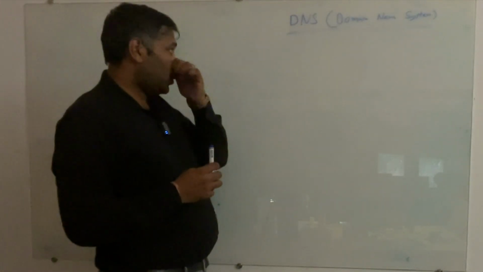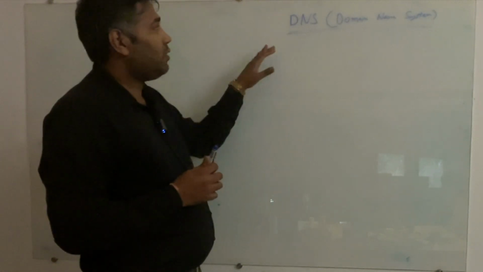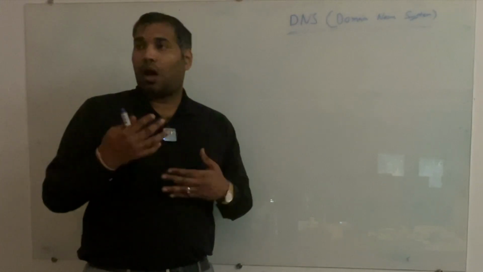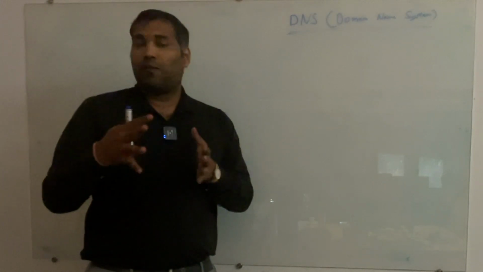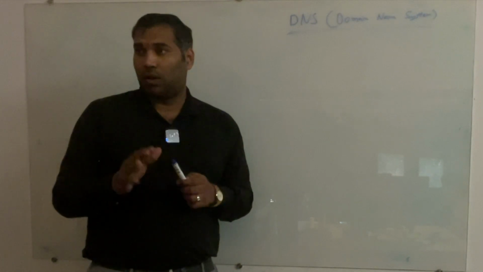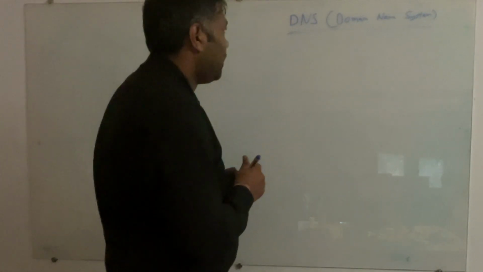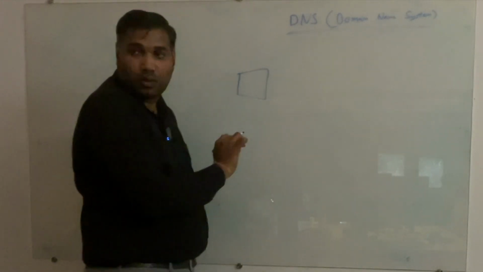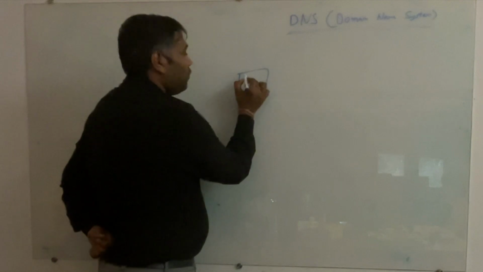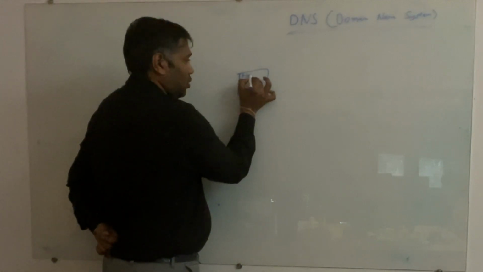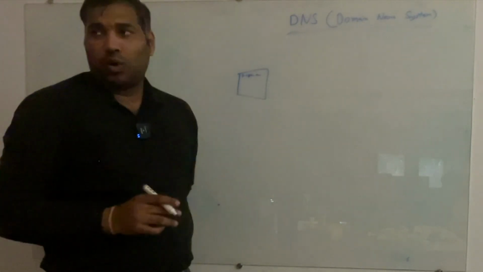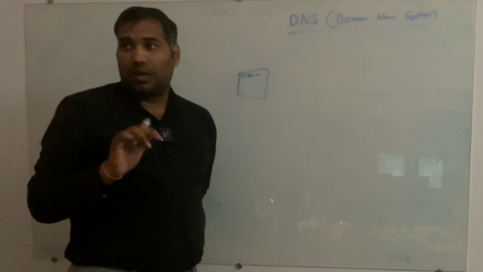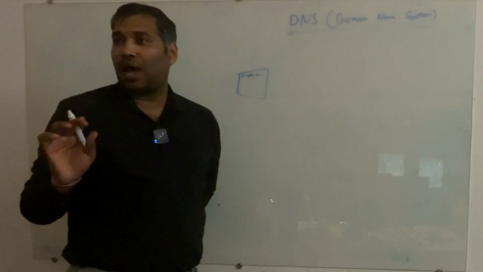So now first of all we will understand how the browser behaves and how you will get the IP of any human readable domain name. Let's suppose this is a system, this is a browser. If you visit google.com, the browser will check its DNS cache: does it have the IP of google.com or not?